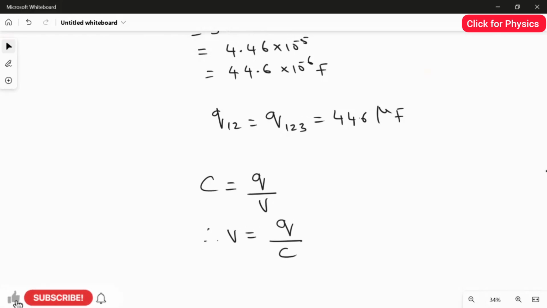So now we are going to find the answer for the potential across the capacitors 1 and 2. If you want to find the potential across 1 and 2, you have to take the charge stored in Q12, and also you have to consider the value of C12. We already have the answer. What is the value of Q12? Q12 is nothing but 44.6 times 10 to the power of minus 6.